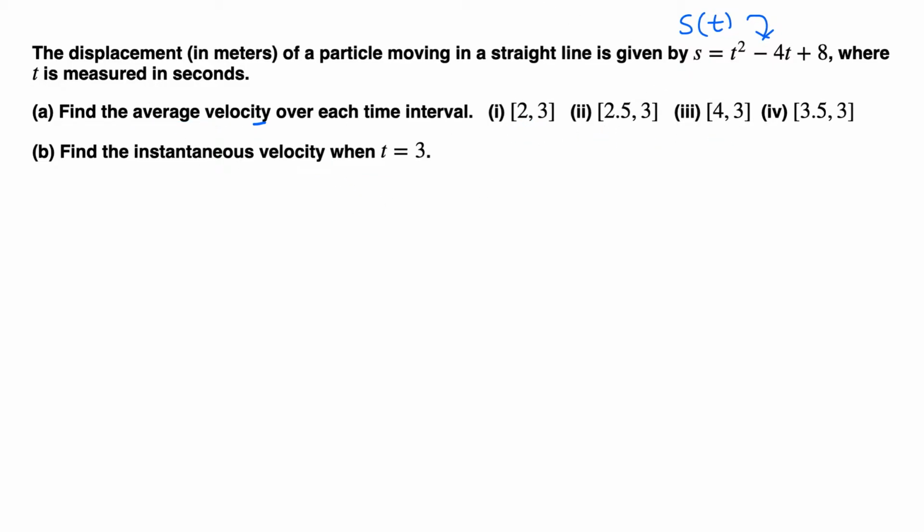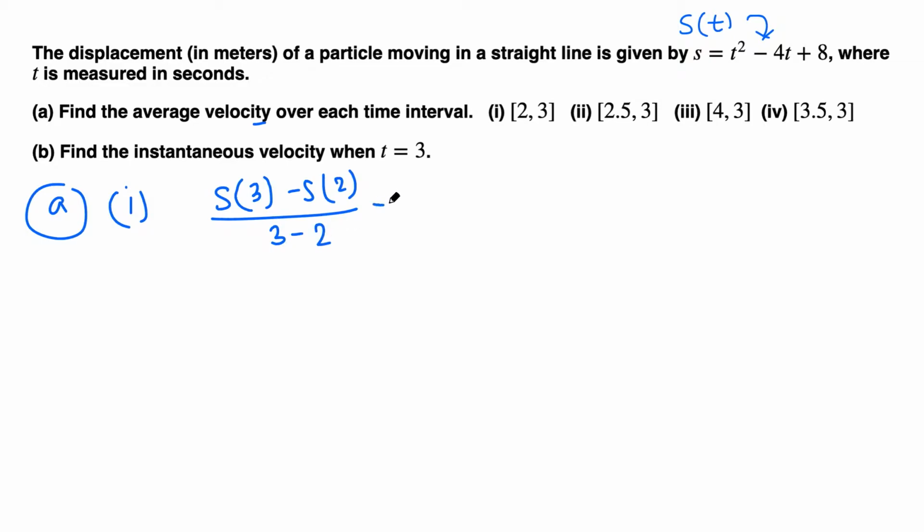So let's do this for part A. On [2, 3], the average velocity will be just (S(3) minus S(2)) over (3 minus 2). Now evaluate this function at 3 using your calculator. Evaluate at 3 means just 3 squared minus 4 times 3 plus 8.